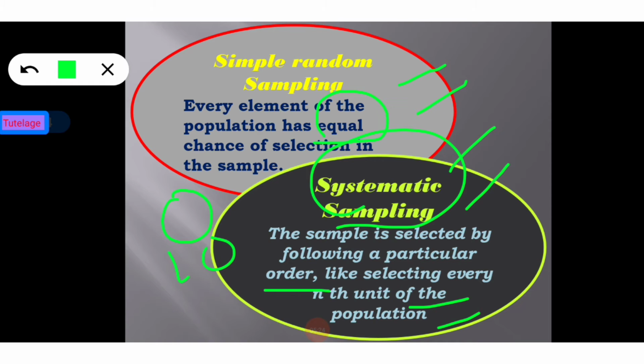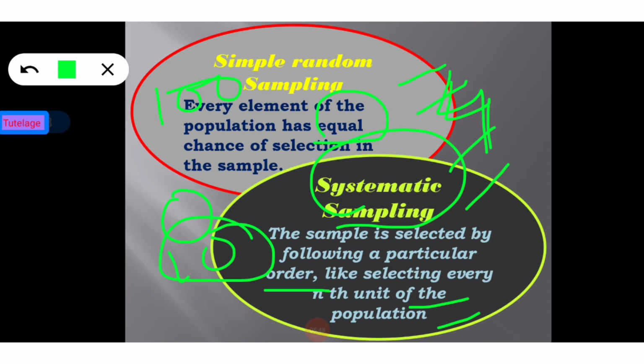So the total population is 100 and the sample size is 10. We suppose that the 4th student on the list is selected randomly as the first unit of the sample, then every following 10th student will be selected.